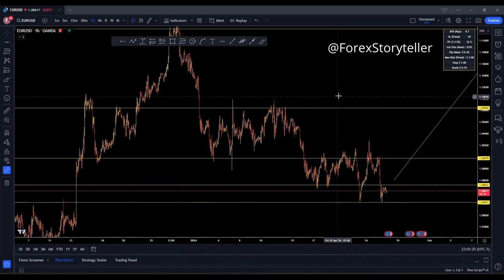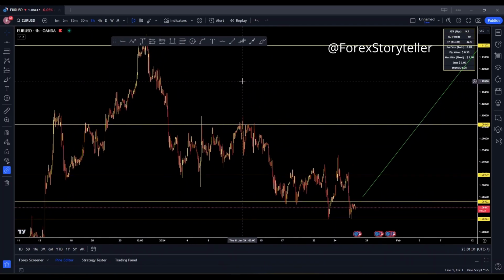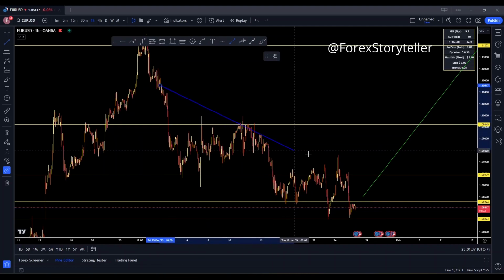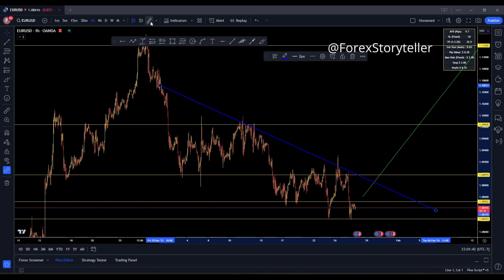But one thing to note, even though we're on the hourly, is how I would say you look at discretion for your hourly. Let's say you had a trend line here, and price had not been there yet.